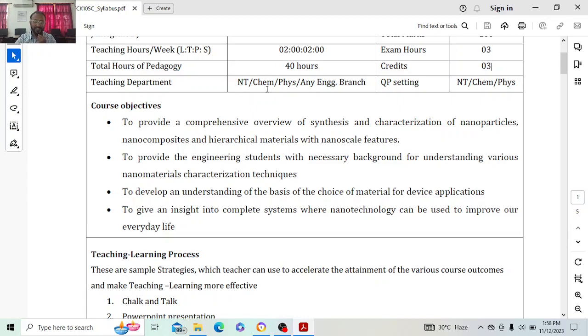This subject can be taught by nanotechnology graduates or postgraduates, or by chemistry, physics and engineering branches. I myself have a master's degree in nanotechnology, and I chose this subject because I worked under the nanotechnology department for 8 years.